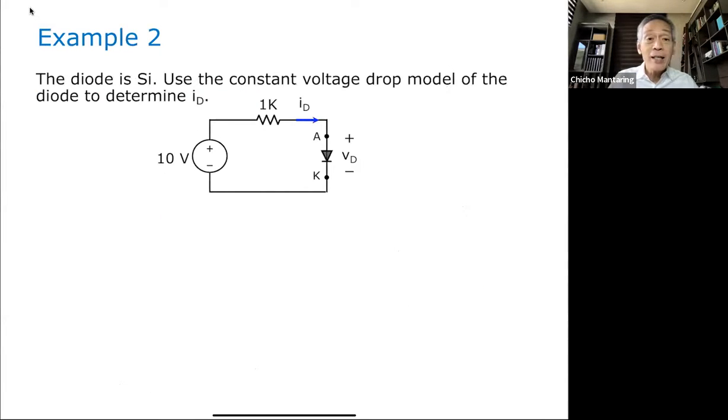Okay, so let's take an example where the voltage is smaller. It's 10 volts. So this time, let's use the constant voltage drop model. Earlier, we used the ideal diode model.